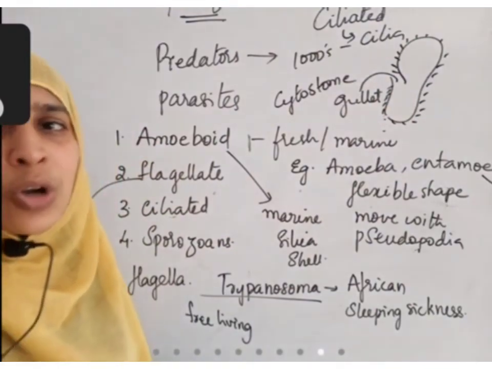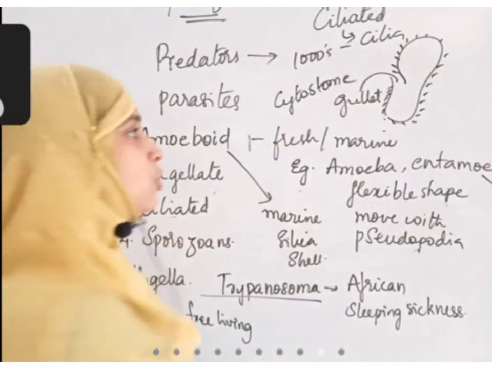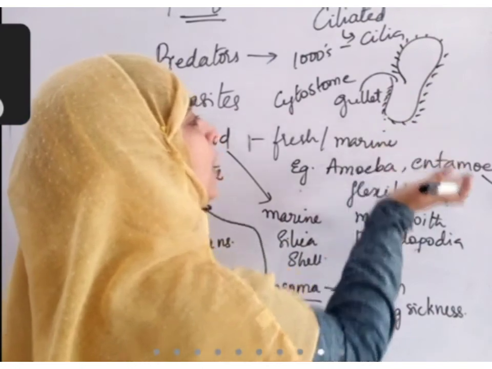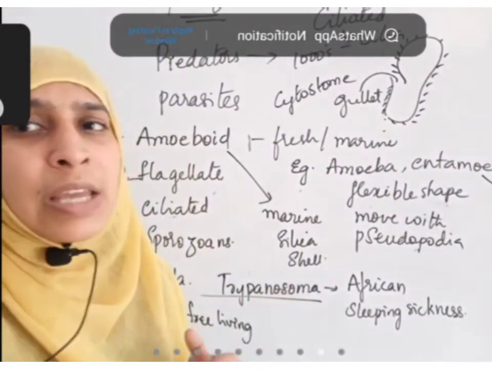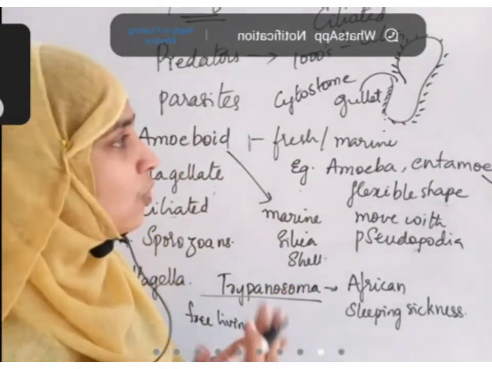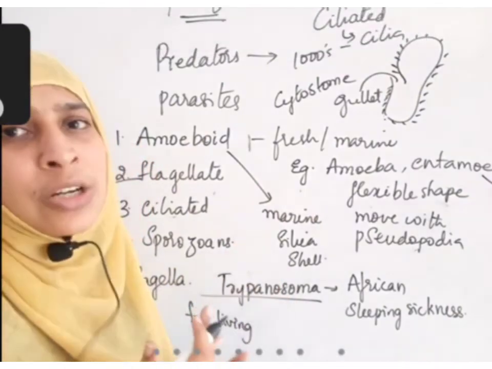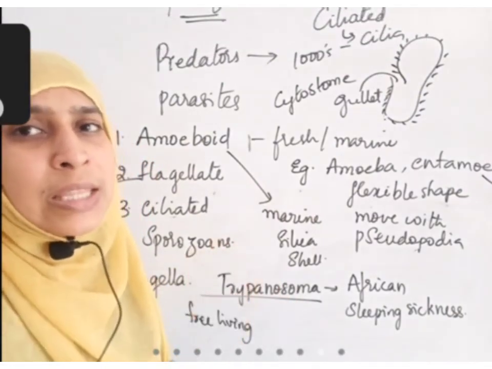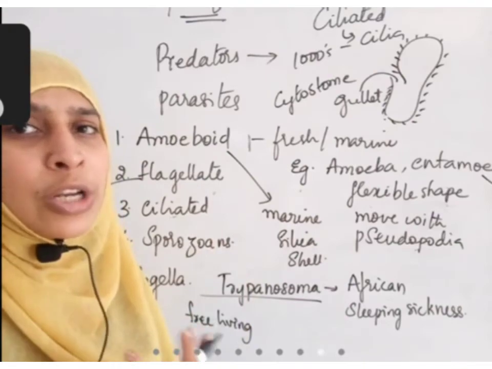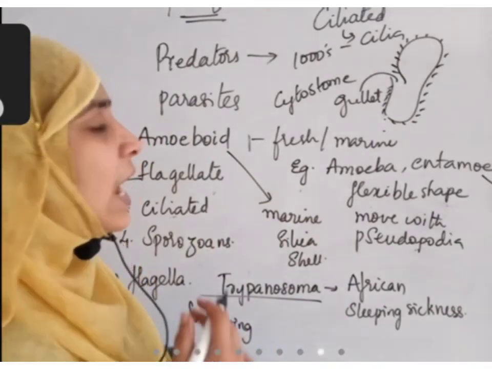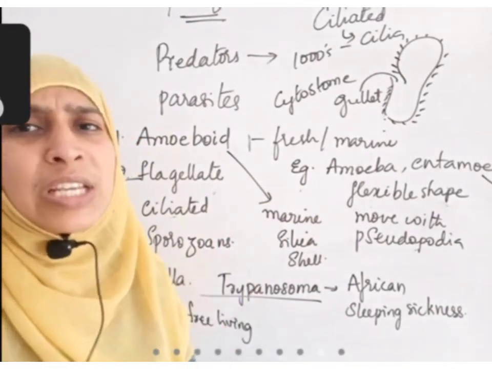You call it a gullet, a cavity, or a cytostome. Food enters into it and all the cilia will push the food. They work together. All these thousands of cilia should move in one direction to move the food. Then only movement is created in the body of this paramecium, and it will move one step forward. It is a very slow movement.